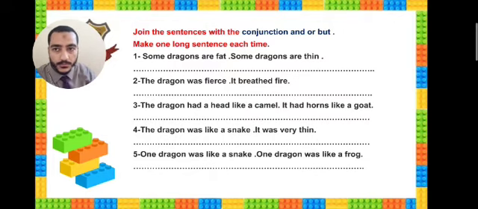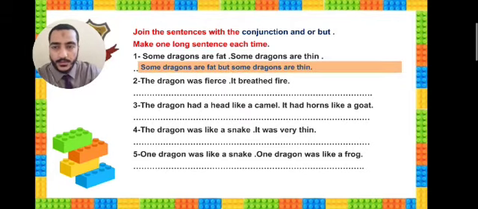So, when we find that there is a contrast or a difference between the two sentences, what should we use as a conjunction? But or and? Of course, but. So, some dragons are fat, but some dragons are thin. Okay? There is a difference.